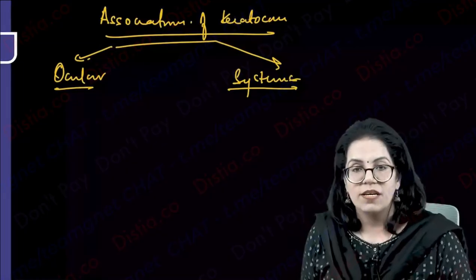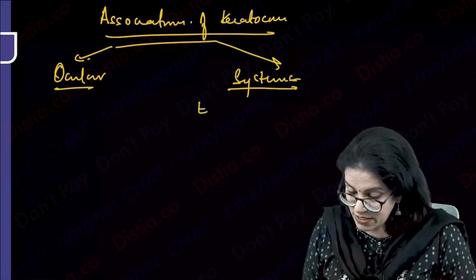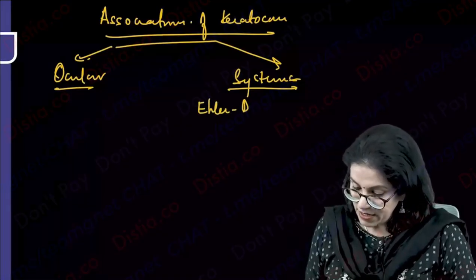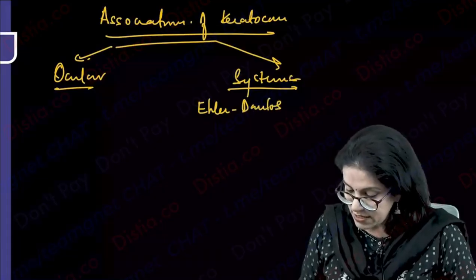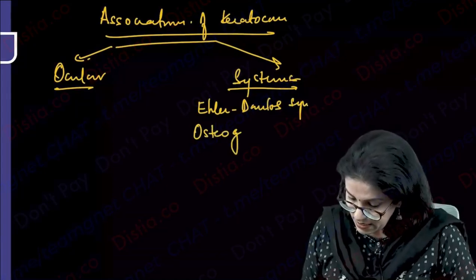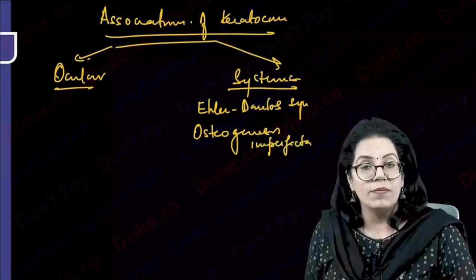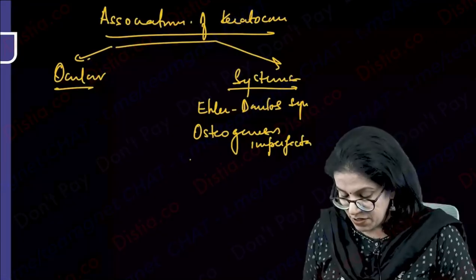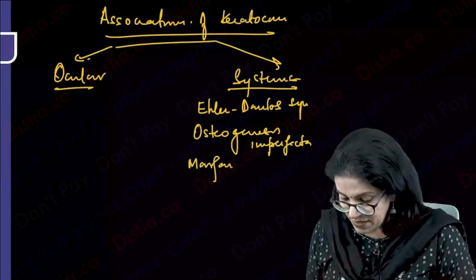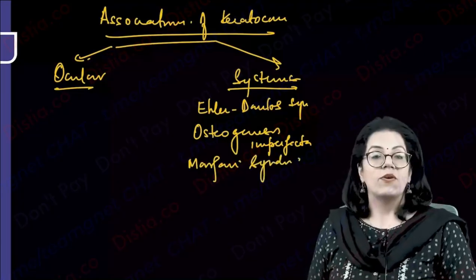So we have been talking about Ehlers-Danlos syndrome, right? Osteogenesis imperfecta, okay? Then it can even be seen with excessive stretching of the eyeball, and where you have learned about Marfan syndrome, that is again one cause.